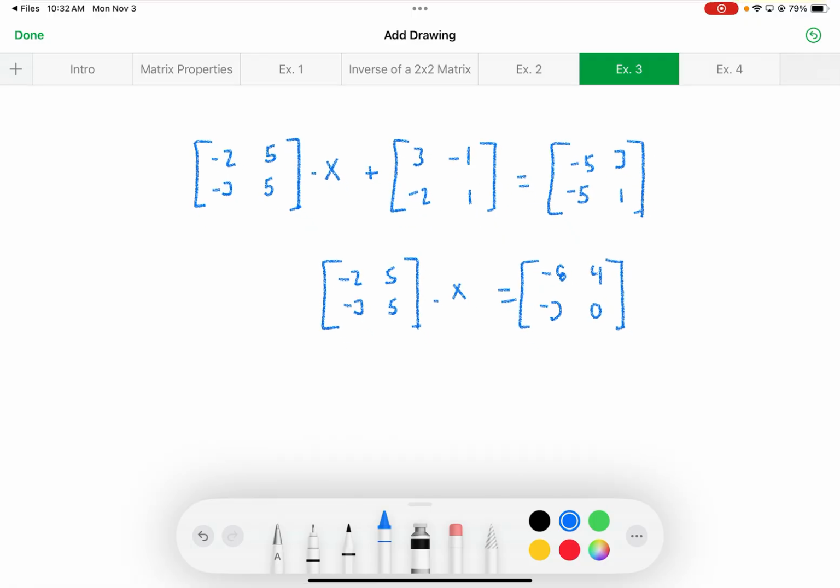All right, and then again, to get X alone here, I don't really have a concept of matrix division. So what I'm going to do instead is multiply both sides by the inverse of this matrix. So I'm going to use this notation.